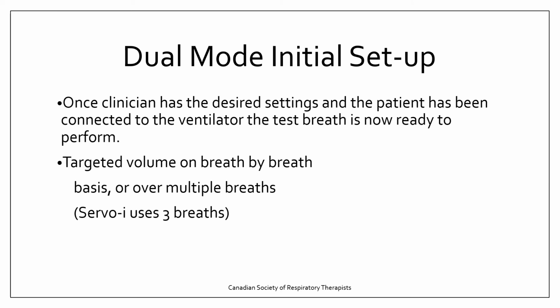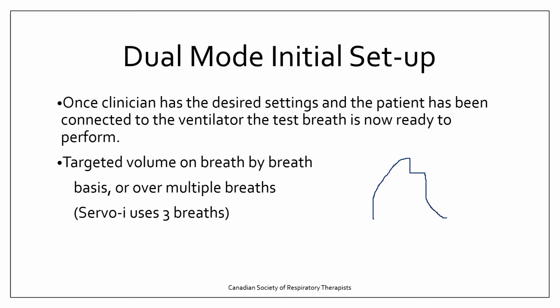So how does it do it? How does it work? Once you enter the desired settings and the patient's connected to the ventilator, it uses one initial test breath. That's a volume controlled breath, and it determines the plateau pressure.